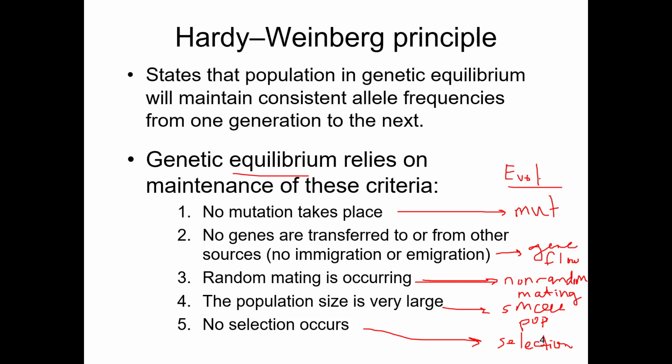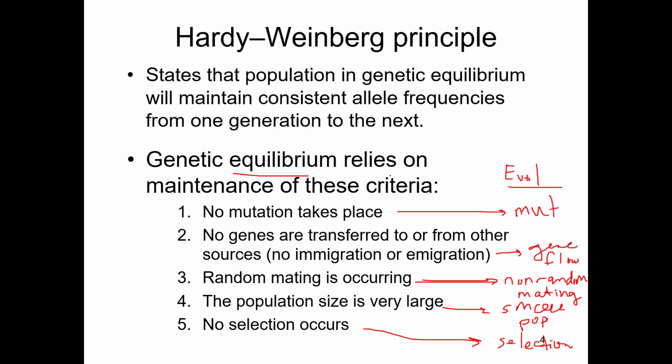Sometimes you have more than one of these factors that's causing evolution, but you only need to have one to cause evolution. Now we're talking about evolution in the scientific sense of change in genetic structure of even one gene over generations.